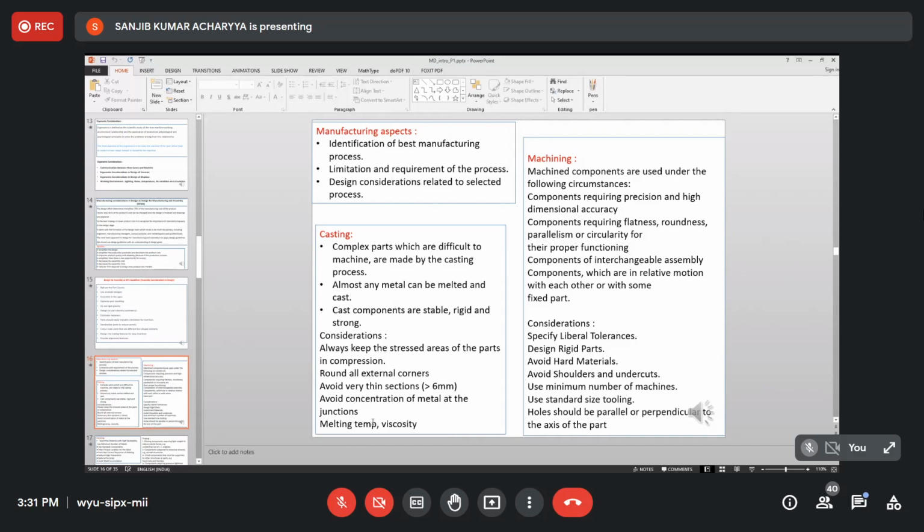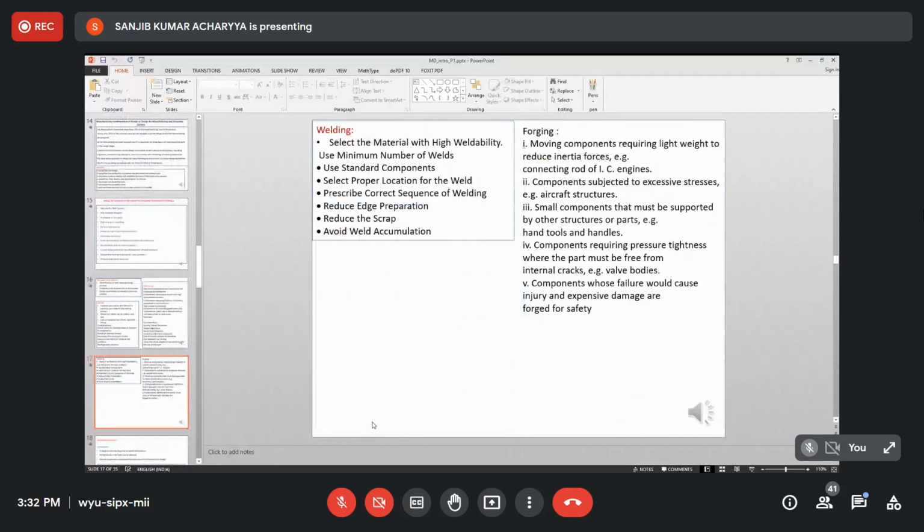By casting, you cannot produce an item for which the dimension is less than 6 millimeter. It is difficult. So there are certain features which are important to the casting process. Designers should have this knowledge. Regarding machining, different considerations are there. Different considerations for forging, for welding, different aspects are there.